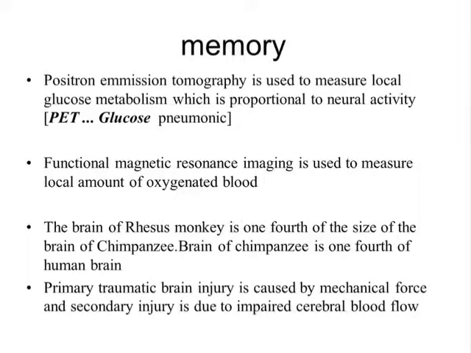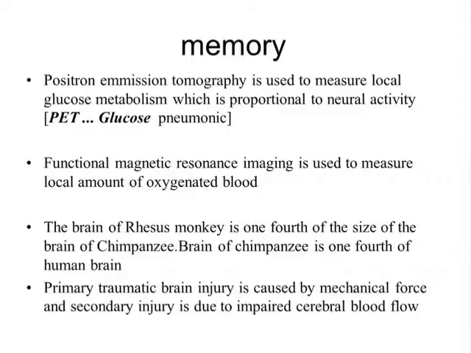That means 1/16 brain size is there in the rhesus monkey. So maximum animal study has been done in rhesus monkey. So that brain and the human brain are not at all comparable. Still, we use it for brain research.